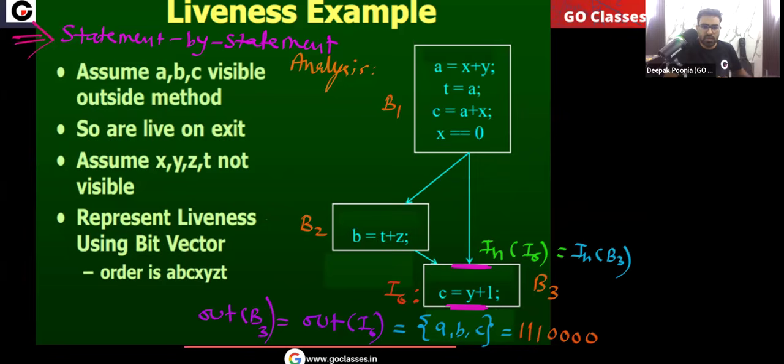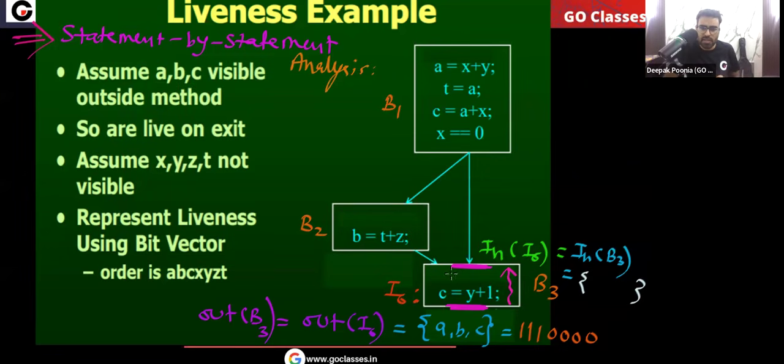In of I6 is the same as in of B3, because I6 is the first instruction of basic block B3. So what will be in of I6? That will be which variables are alive when you cross this I6 instruction in the reverse direction. We are going in the reverse direction; live variable analysis is performed in the backward direction.